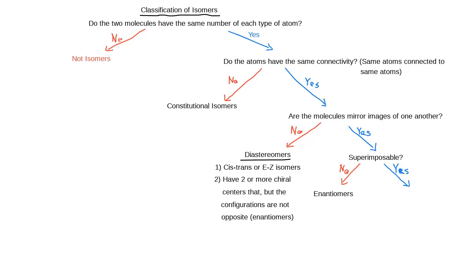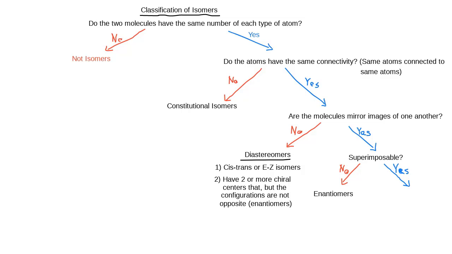When a compound has two or more chiral centers and the configurations are opposite, they tend to be enantiomers or meso compounds. So, for example, if you have two isomers that have the same connectivity, in other words, the same atoms are connected to the same atoms, but one is RS and the other one is SR, they have opposite configurations. So therefore, they are going to be enantiomers. They're going to be non-superimposable mirror images.